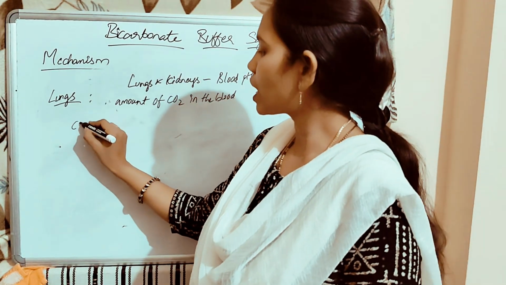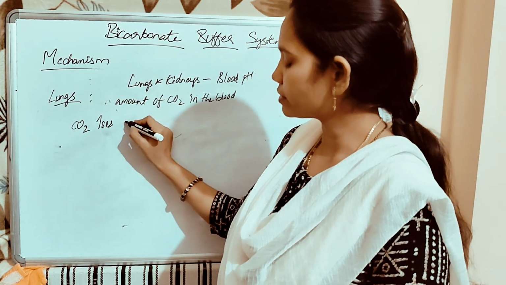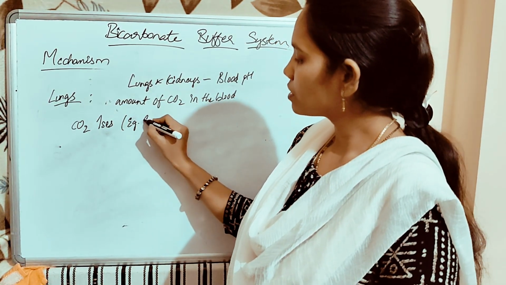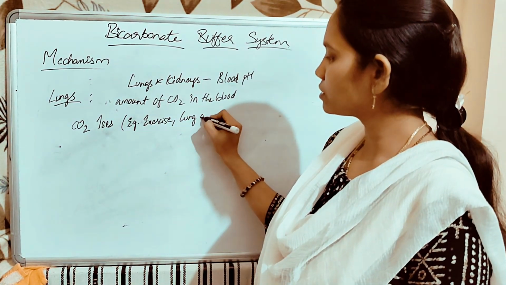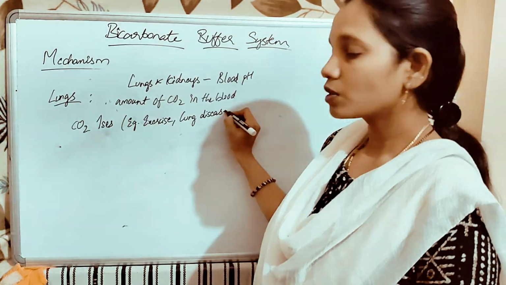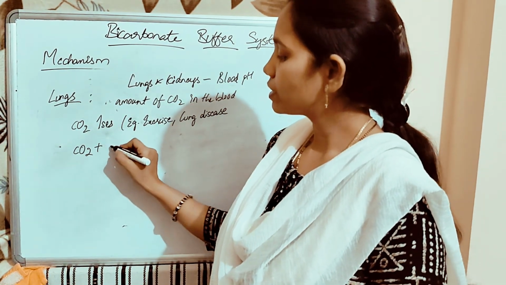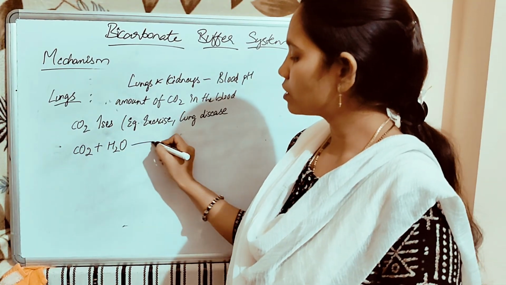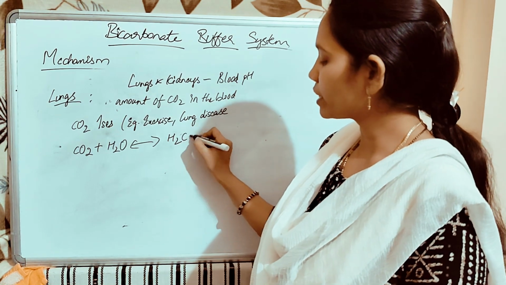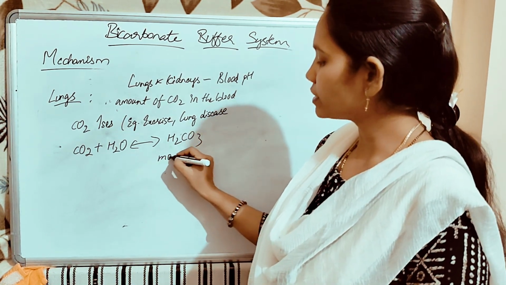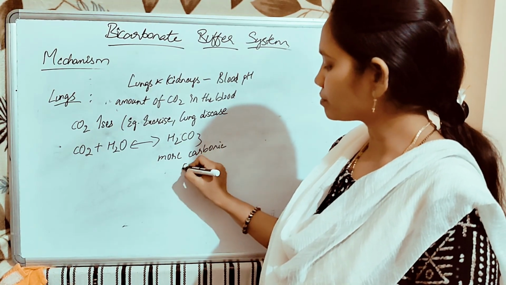Now when carbon dioxide increases, for example during exercise or lung disease, what will happen when more carbon dioxide is released? Again it reacts with or combines with water molecule to form what? Carbonic acid. If more carbonic acid is formed, what will happen?